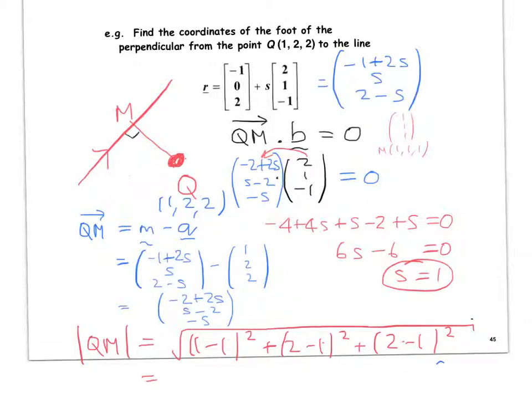That's the square root of 0, 1 and 1, so root 2. There we go. Done. I know that was a long example, but that is how you find the shortest distance from a point to a line.